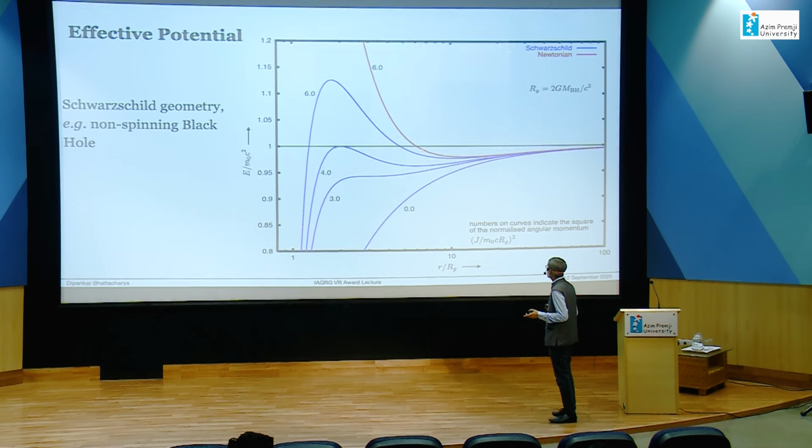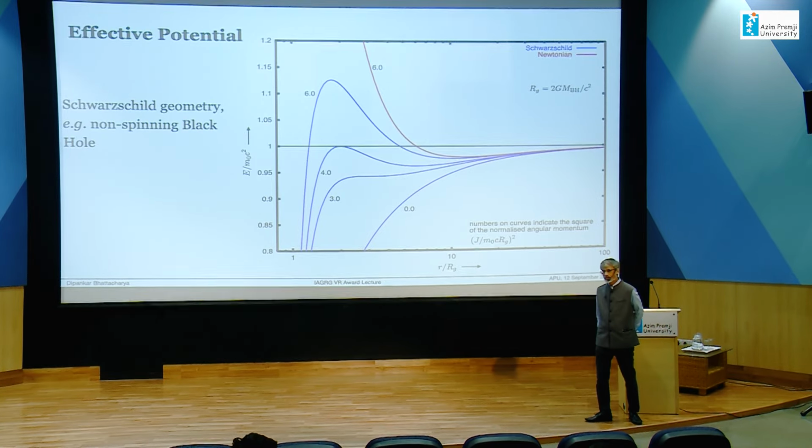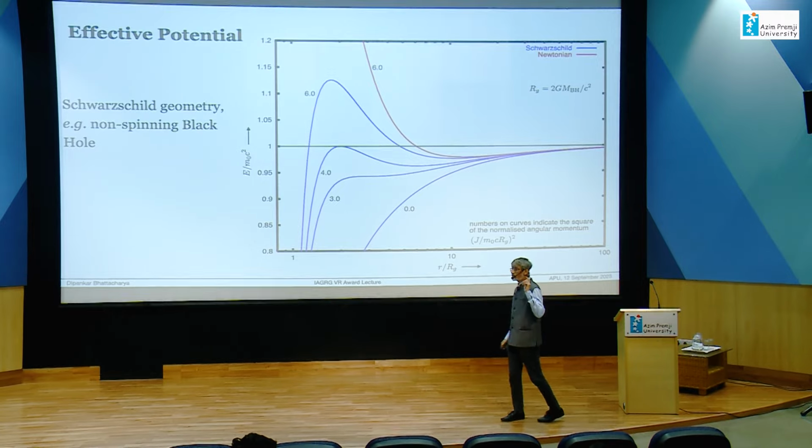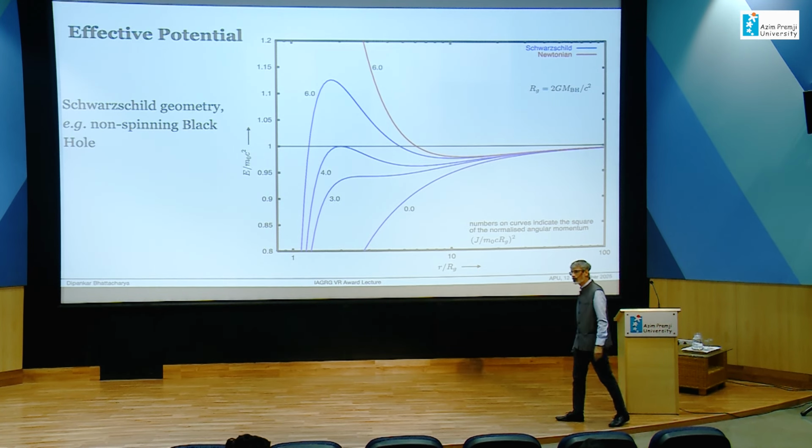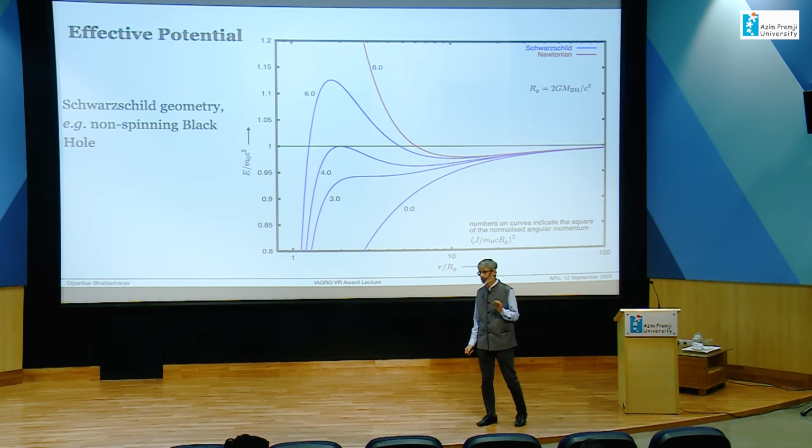And it turns out in Newtonian gravity, the oscillation period between the two extremes in this radial distance is exactly equal to the time it takes for the orbit to go around exactly one rotation. That means the frequency of radial oscillation and the frequency of angular oscillation are equal, which gives you closed orbits.